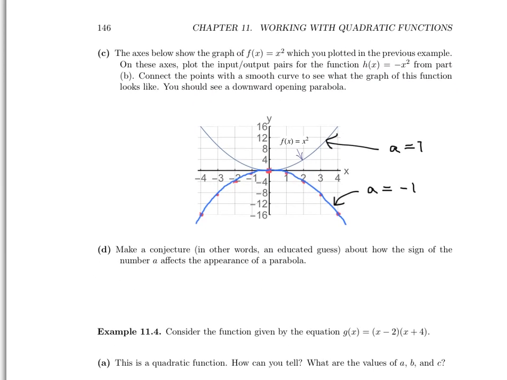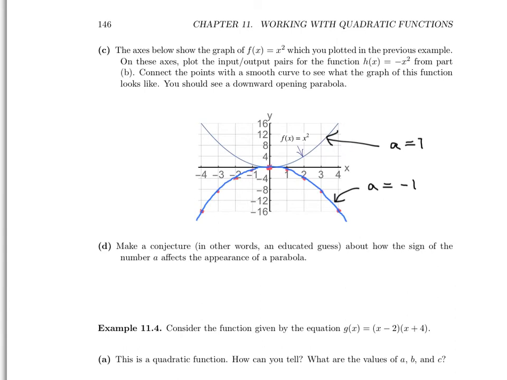So let's have a look at the next part here, part D. Make a conjecture, in other words an educated guess, about how the sign of the number a affects the appearance of a parabola. Well, one guess that you might make is that if a is a positive number, like 1, the parabola opens upward, and if a is -1, or is a negative number, the parabola opens downward. That would be a very reasonable conjecture based on what we've seen. So let's write that down.